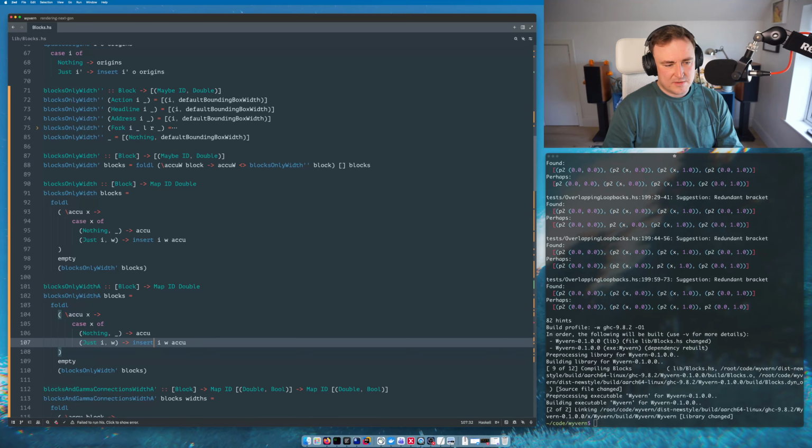What we'll be inserting under that ID is not only the width, but also whether it's claimed. And in that case, it is, because that's the width of a block itself, so we can't use it.